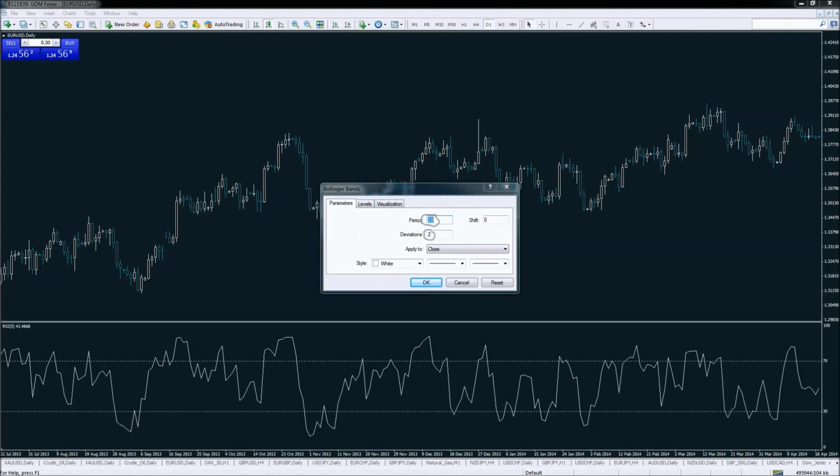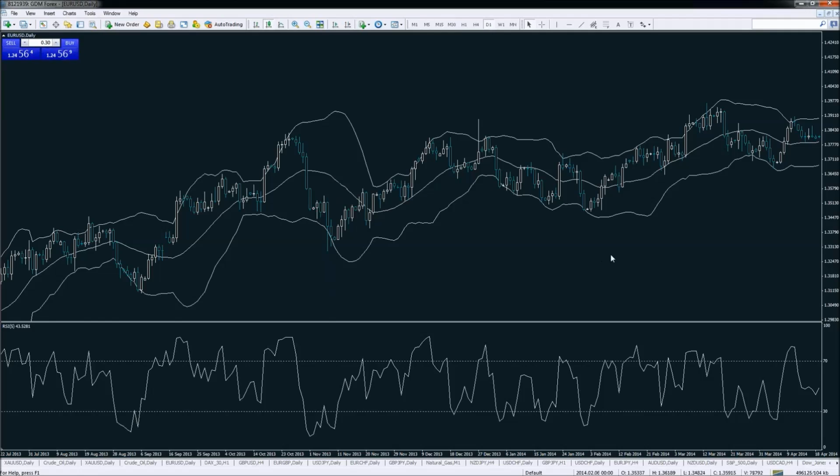Now you will see on your own how it acts on the chart. Let's apply it directly. There you go. You can see here that the Bollinger Bands are reacting well on the upper and lower levels. So pretty much on a deviation of 2, the price stays within the range and reacts very well with the moving average here.